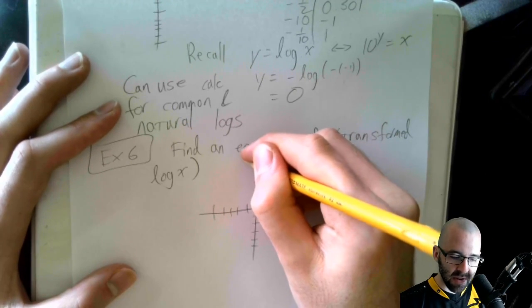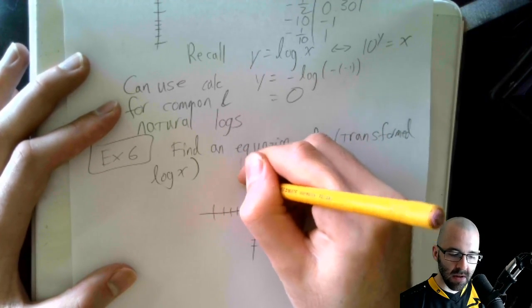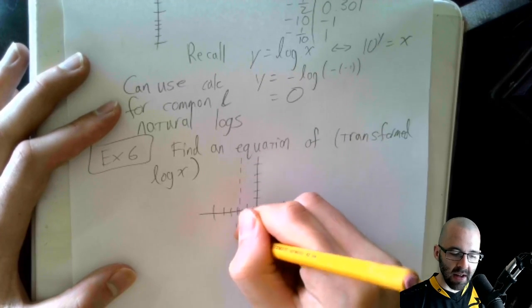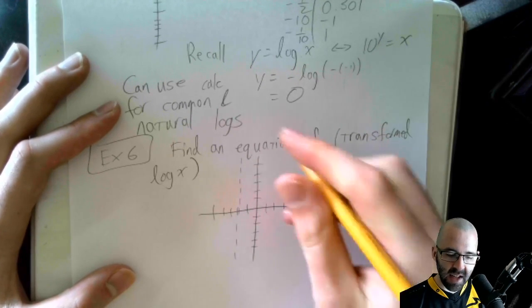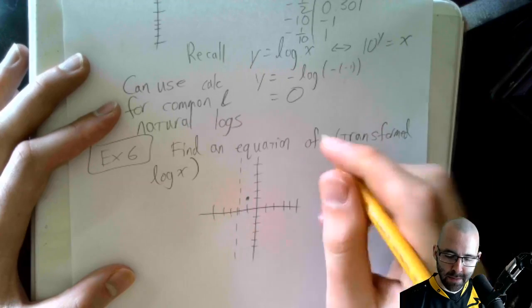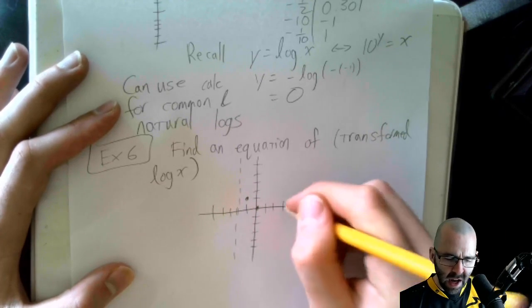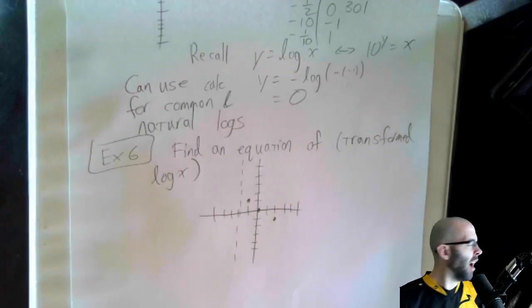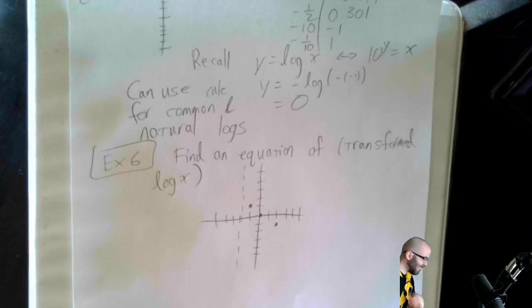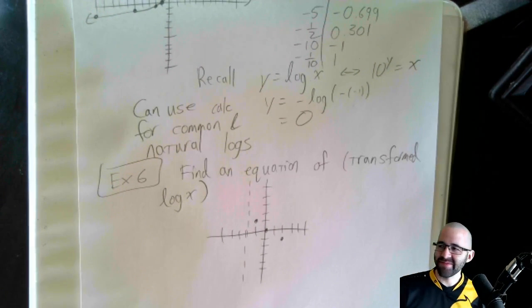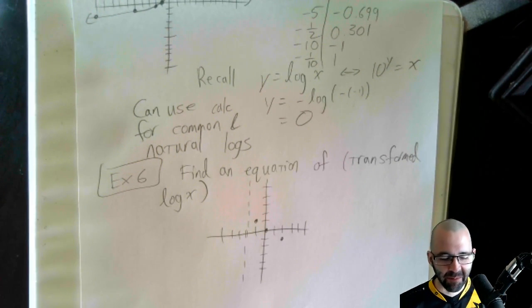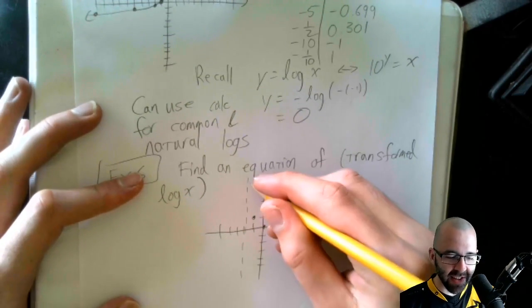So it gives you that there's an asymptote at -2, has the points (-1, 1), (0, 0), and (2, -1). All right. And it looks in this shape.